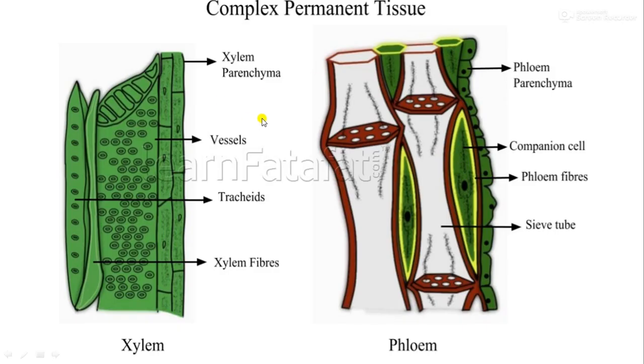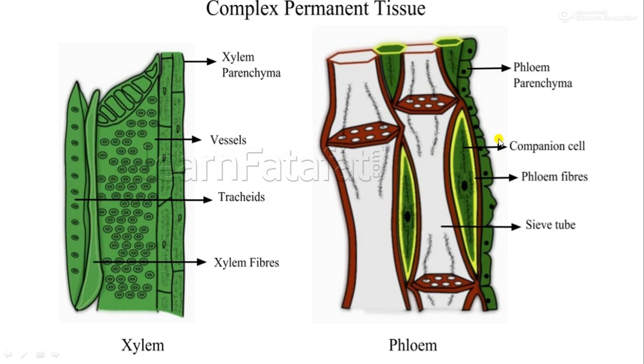Okay, so this is the detailed diagram. Complex permanent tissue. See the main component, xylem vessels. And this is a thick wall, and the pores are present. Then these are the tracheids, so tracheids and vessels. Then xylem parenchyma, thin-walled parenchyma cells present along with the xylem, and xylem fibers.